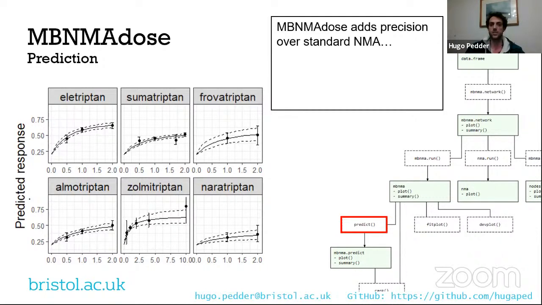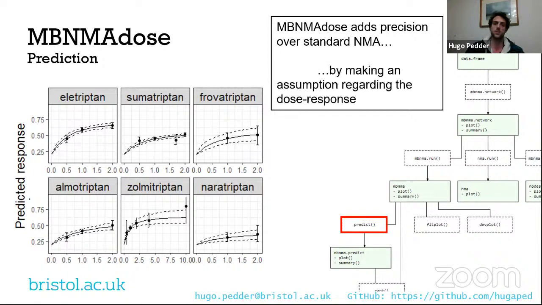So this gives us more precision over standard NMA, but it comes at the cost of making an additional assumption regarding the dose response relationship. If this assumption doesn't hold, then it will introduce bias into the estimates. But we can easily evaluate that because we can look at our data and compare, does this fit well with our data? So that assumption can be evaluated within the ranges of doses for which we have data available.